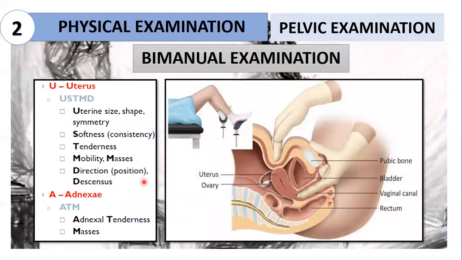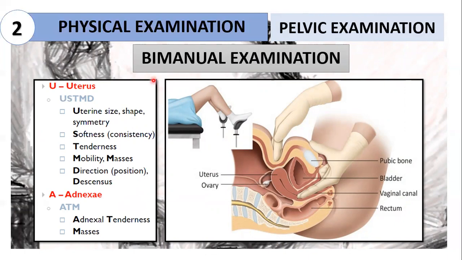Next, the bimanual examination, also called internal examination. One hand is inserted in the vagina, while the other hand is used to palpate the abdomen. That's why it's called bimanual.